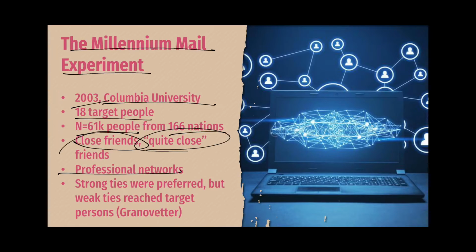And one very important insight that they were able to get was that while people preferred strong ties, people that they had strong ties to as possible intermediaries towards the person that they targeted, it showed that when they choose people with weaker ties, like acquaintances, to hook them up with the person that they're targeting, it's more successful than those who sought the help of stronger ties.